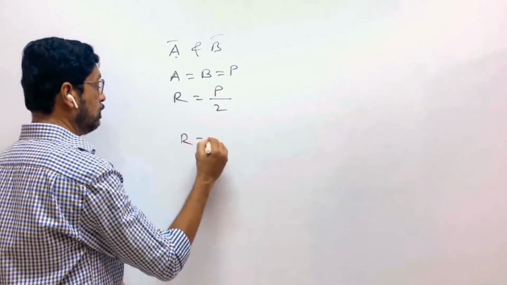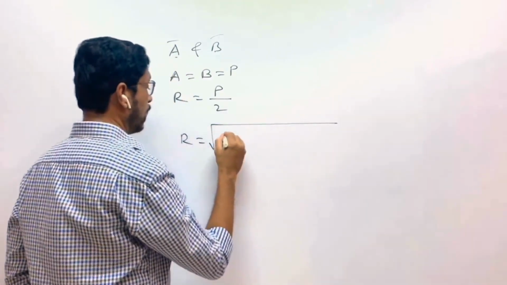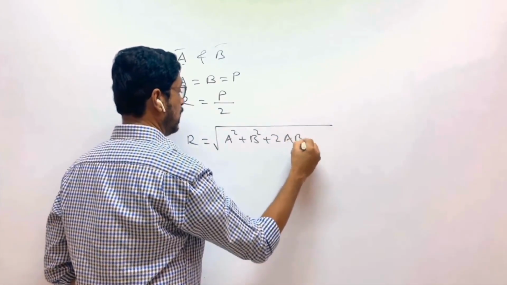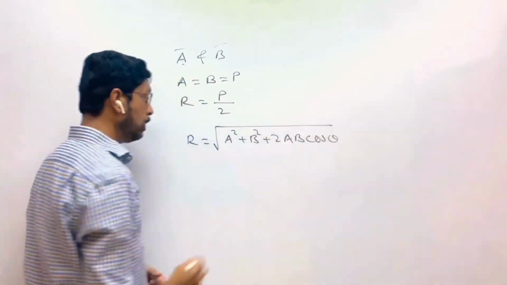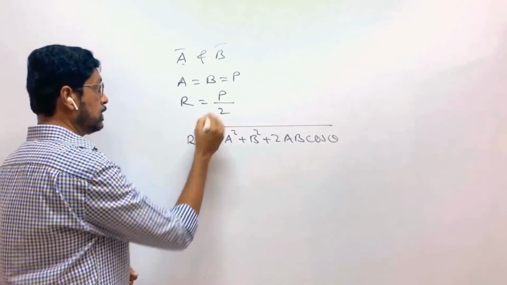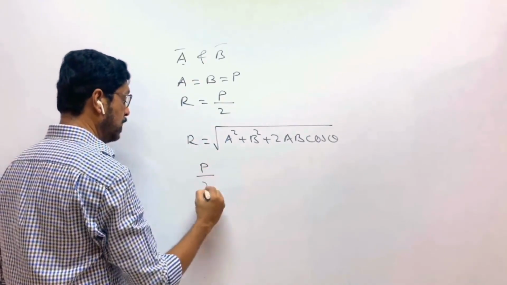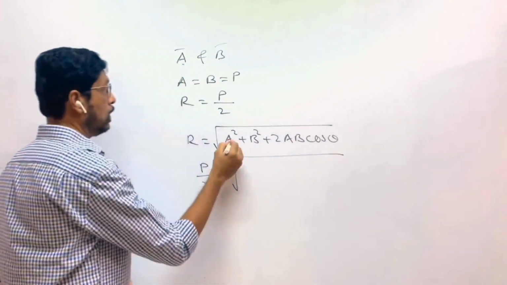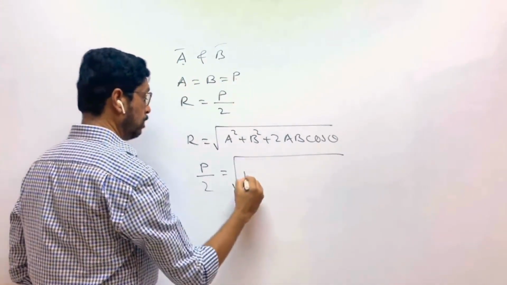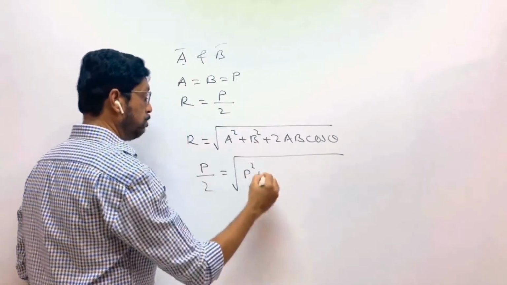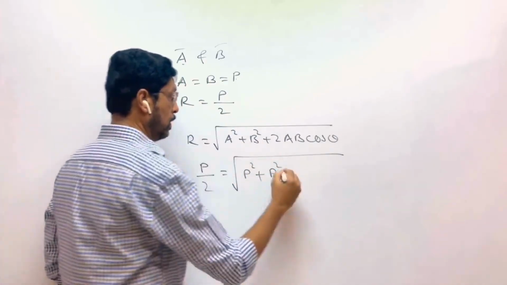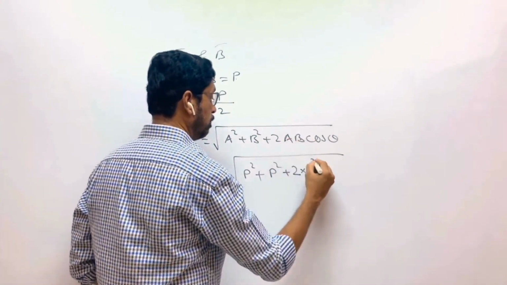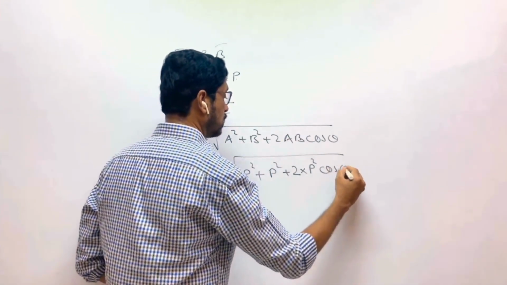Resultant is given by under root A square plus B square plus 2AB cos theta. Resultant is P by 2 is equal to under root, A is P plus B is also P, plus 2 into P square cos theta.